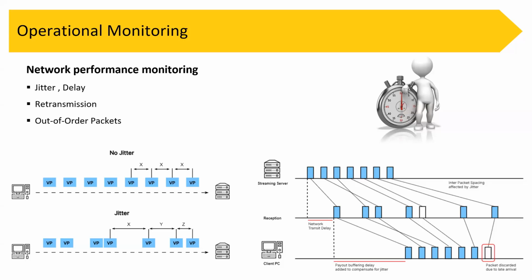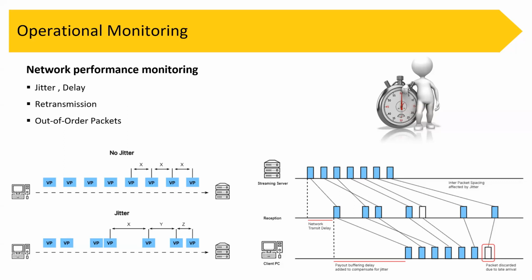We could get out-of-order packets and even drops, of course, because you see on the right where the packets are sent from a streaming server to a client that they have to pass the network. And there are more packets in the network going from A to B. So the packet from the streaming server needs to be part of the whole stream of all packets.